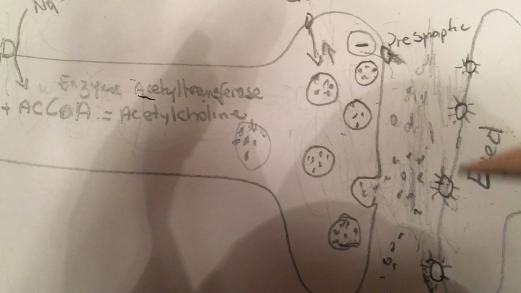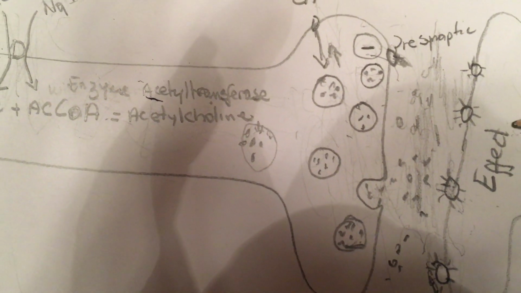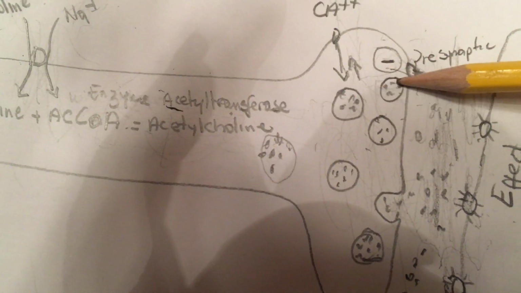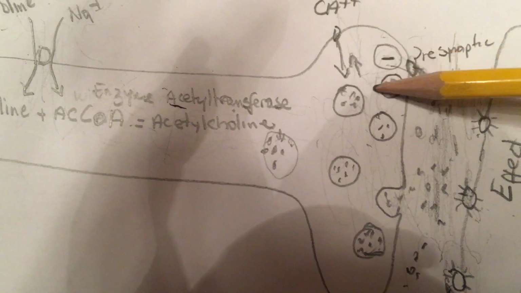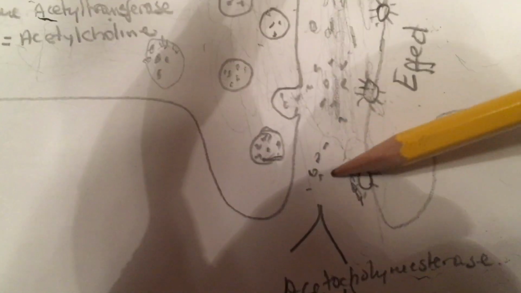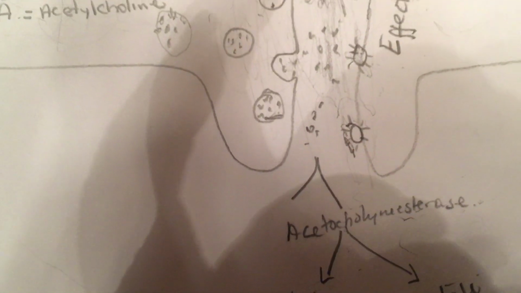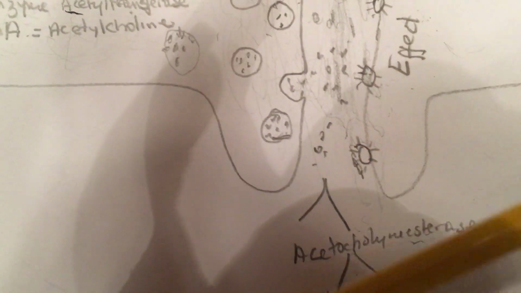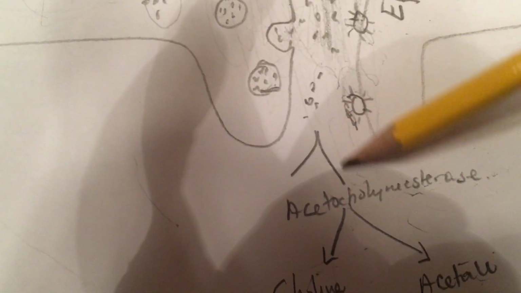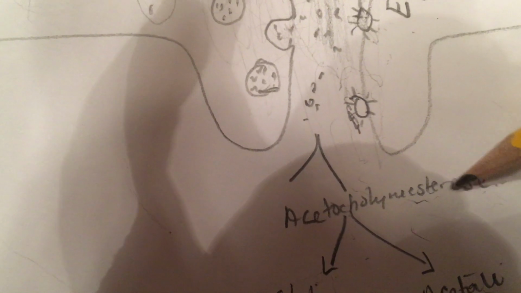It goes to the membrane receptors at the other end and produces an effect, or if there's too much, it can also go to the presynaptic membrane receptor and cause a stop in the production or release of acetylcholine. And also the leftover in the synaptic cleft gets broken down with the help of acetylcholinesterase into choline and acetate.